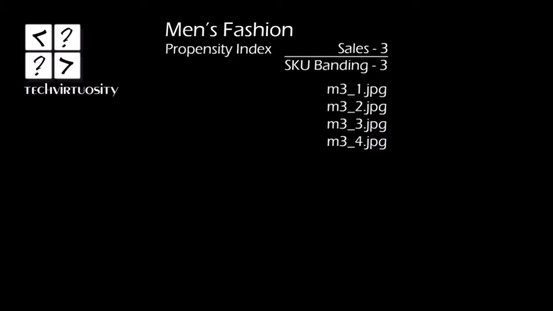The 4 men's fashion images which are dynamically chosen are m3_1.jpg right through to m3_4.jpg. The m3 signifies that this is for SKU banding 3. So these images relate to SKU banding 3 for men's fashion.